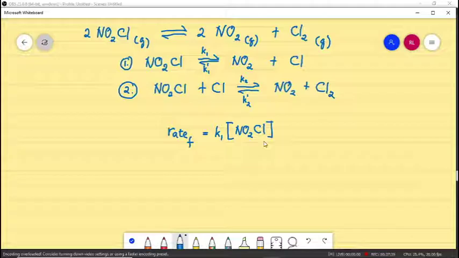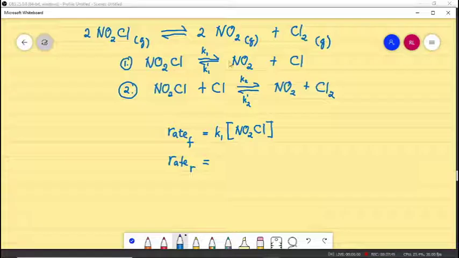Okay? And the rate of the reverse reaction with respect to these substances, kasi pa-backward siya, so ito naman ang naging reactants for the reverse reaction.